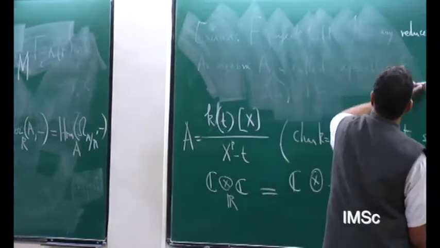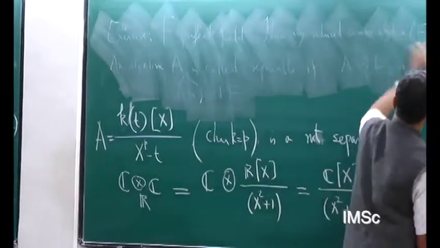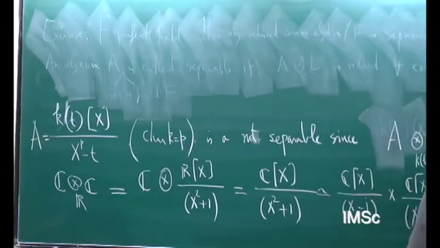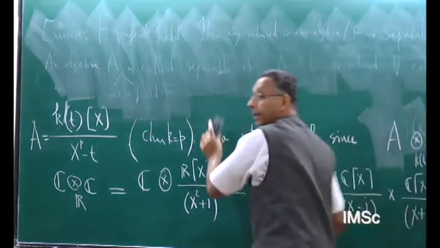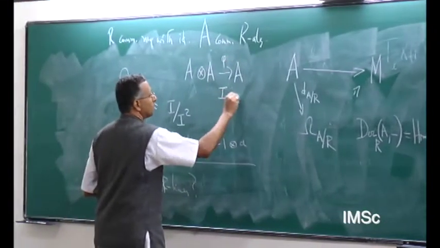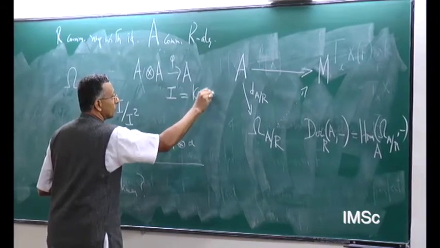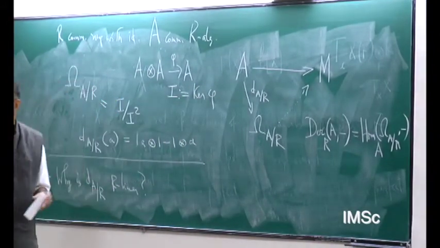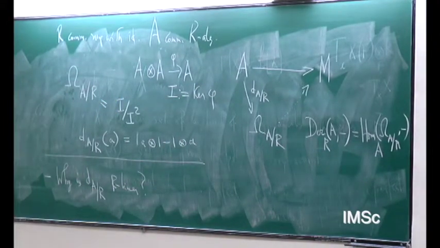I, of course, to begin with is only an A tensor A module, because it's an ideal, I is the kernel of this map. Being the kernel of a ring homomorphism, it is an ideal.